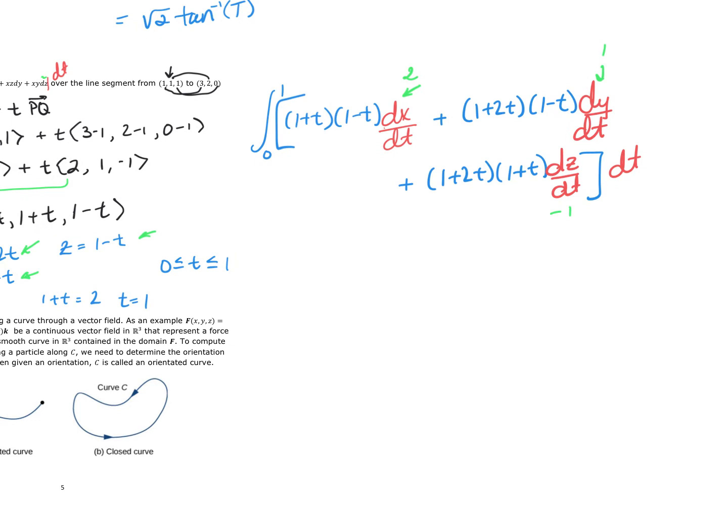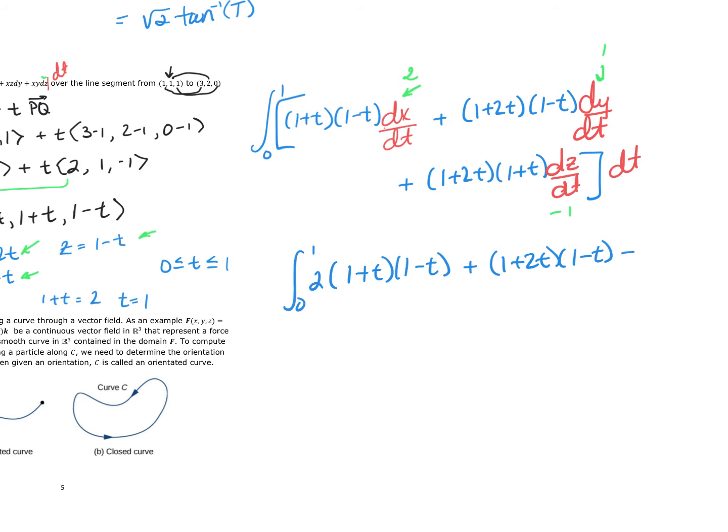So now I'm ready to actually do the integration. So my integration from 0 to 1 of 2 multiplied by (1 plus t)(1 minus t), plus (1 plus 2t)(1 minus t) multiplied by 1, so I'm not going to write that.